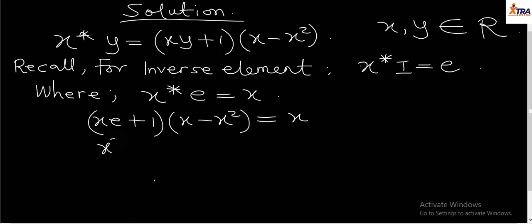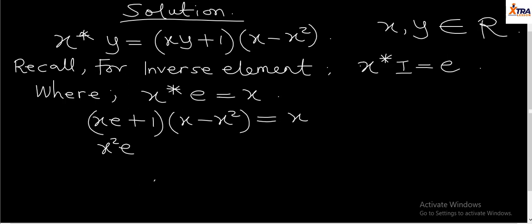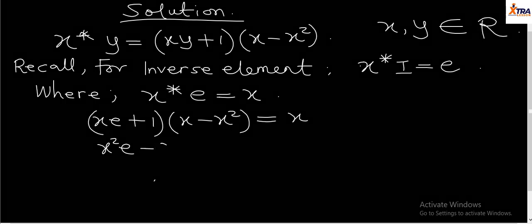I'll say this is x squared E minus x cubed E plus x minus x squared. What I'm doing here is simply opening up the brackets so I can factorize my E by collecting like terms first.